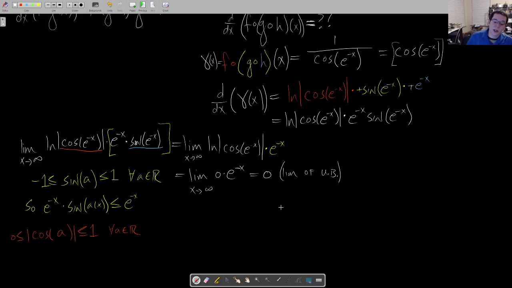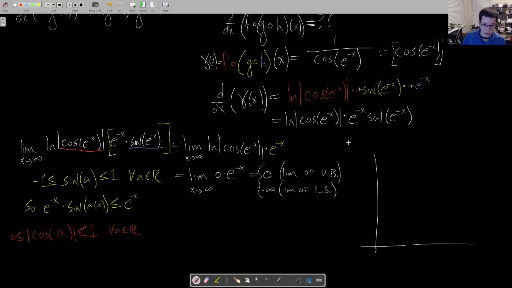The limit of the lower bound does not exist because, like we discussed, the natural log of 0 is negative infinity. So this is abusing notation horribly, but I'm just putting it this way so that we remember all the stuff. Lower bound.